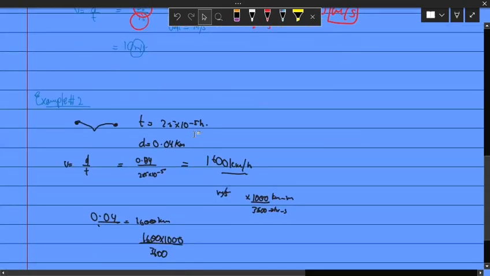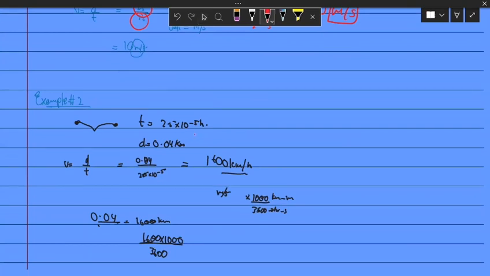Now let's do another example. In this example, an object also travels a distance. The time taken is 2.5 times 10 to the power minus 5 hours, and the distance traveled is 0.04 kilometer. Let's put the values in the formula. After putting them, the answer will be 1600.